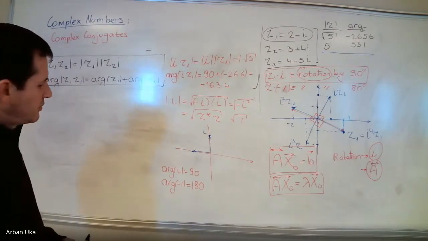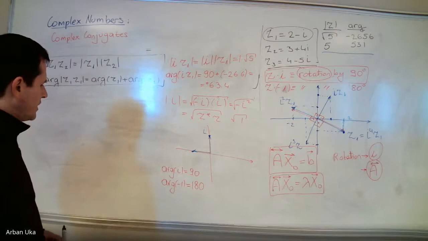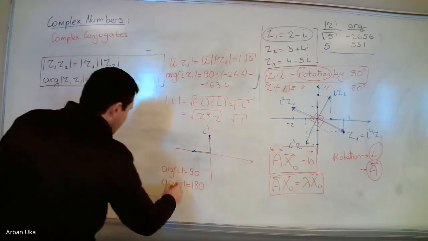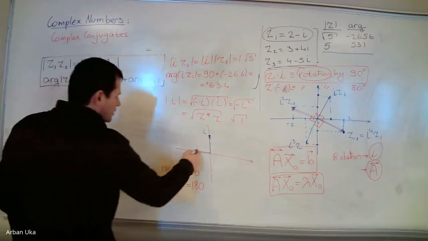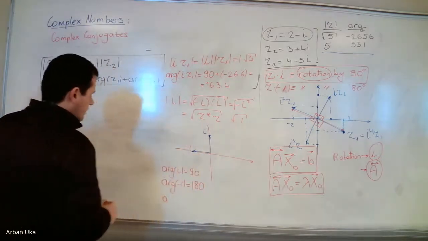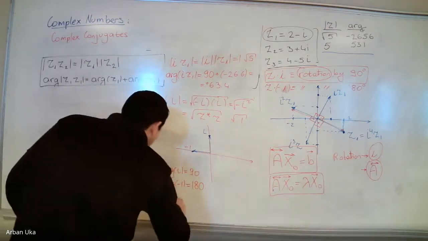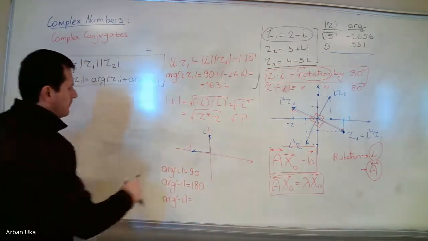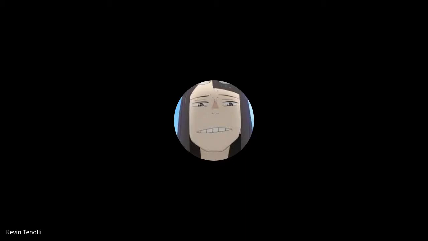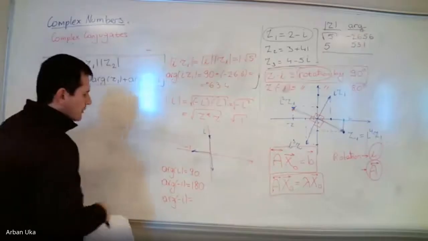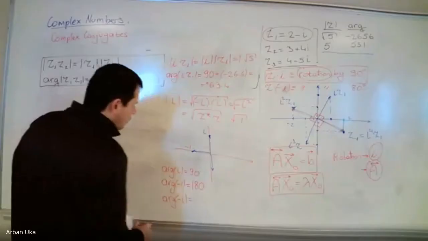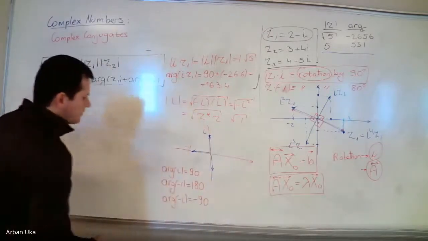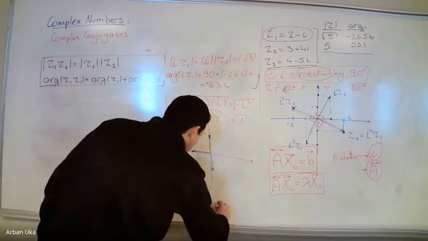We pick one. We pick 180. What is the argument of minus i? 270. That is true, or it can also be minus 90. So maybe it's better to consider minus 90, or minus pi over 2.